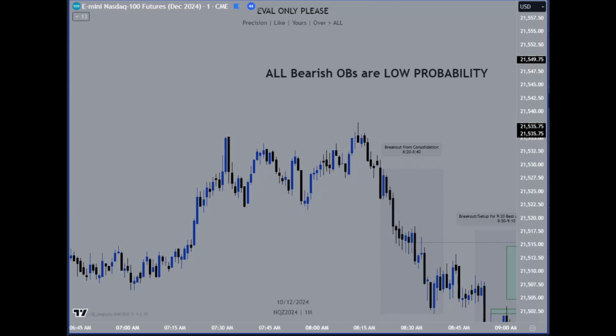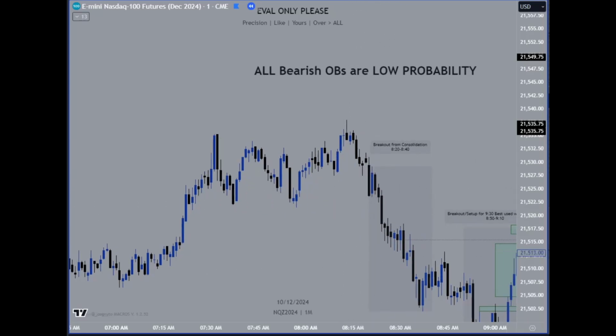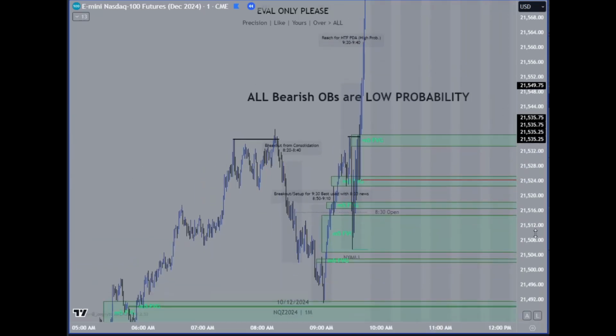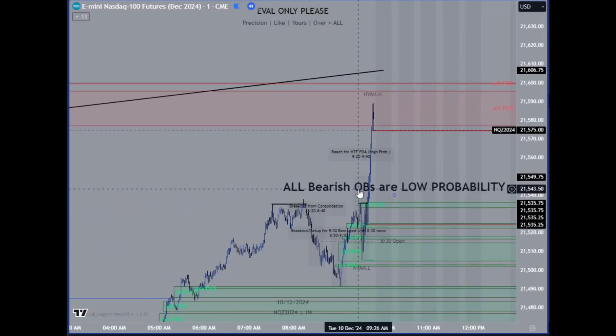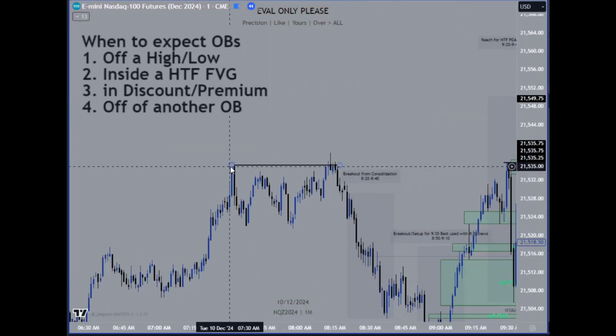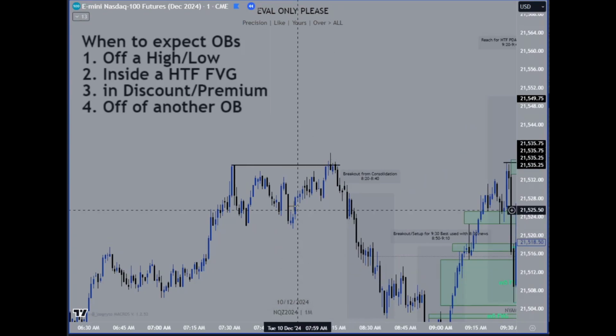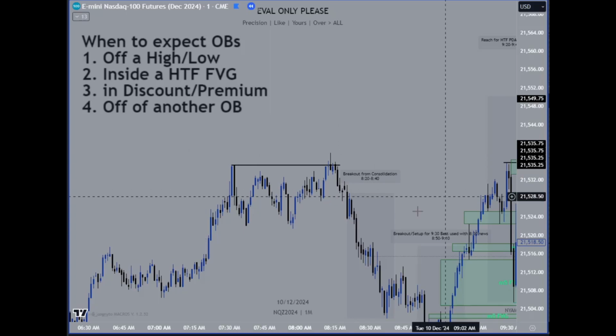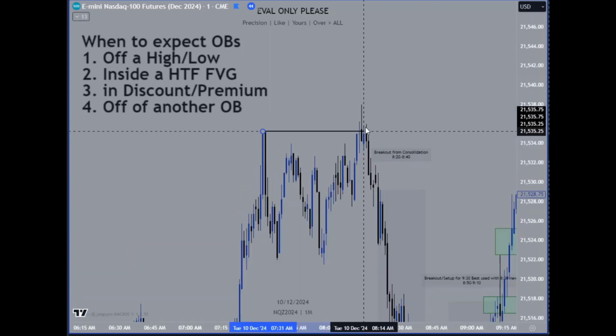And what I mean by that is, for example, we have this high. Remember, when do OBs form? I removed it by accident. But remember, order blocks form either when we take a high or a low, or we're in premium to discount, or off of another OB, or higher time frame fair value gaps, right?